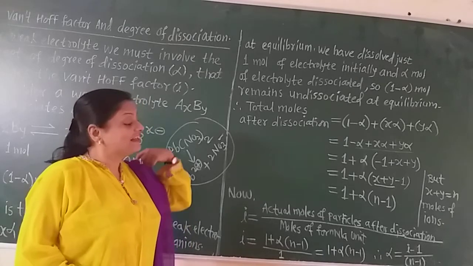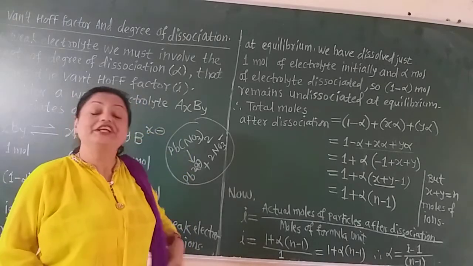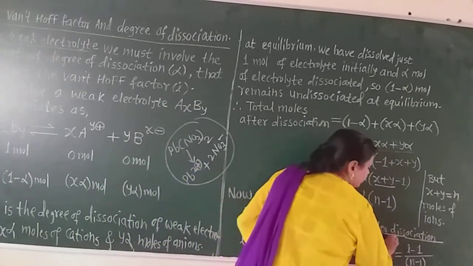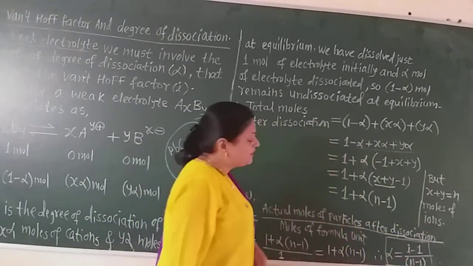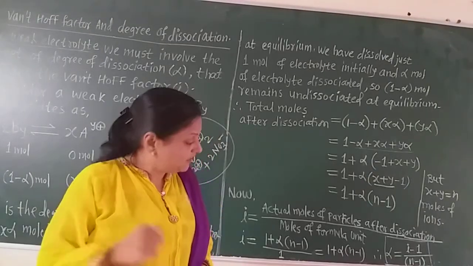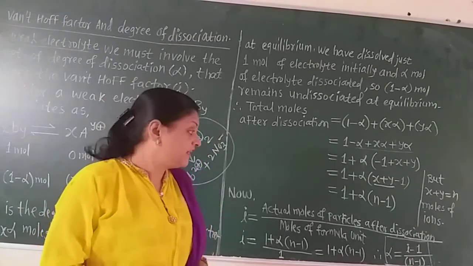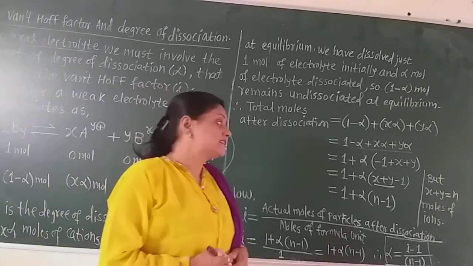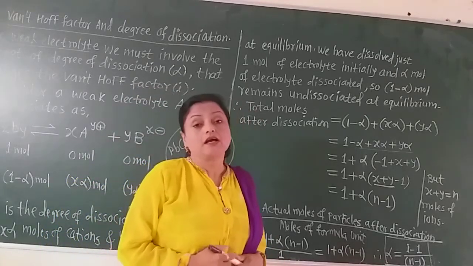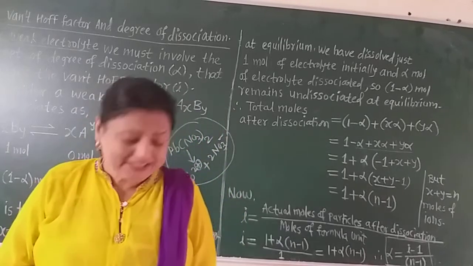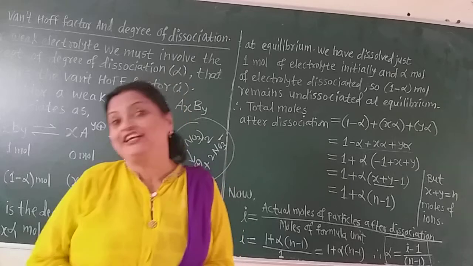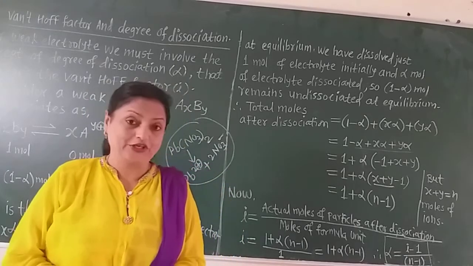Now this is the relation between the degree of dissociation and Vant Hoff factor for the weak electrolyte: alpha is equal to i minus 1 divided by n minus 1, where i is the Vant Hoff factor, alpha is the degree of dissociation, and n is the moles of ions.